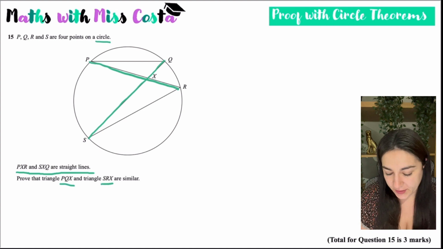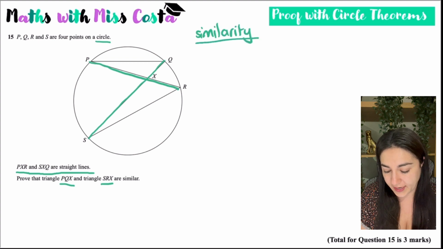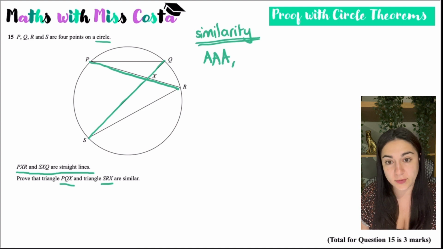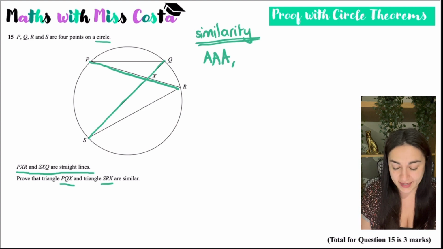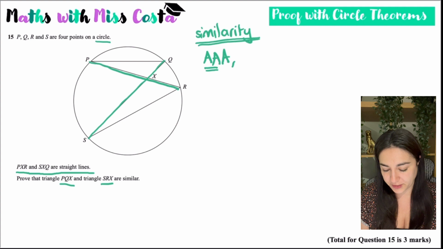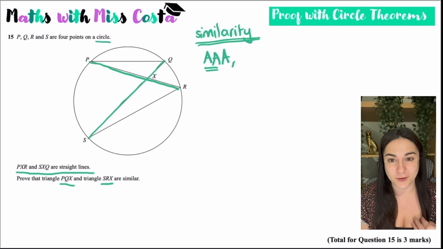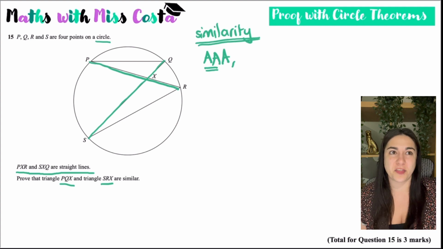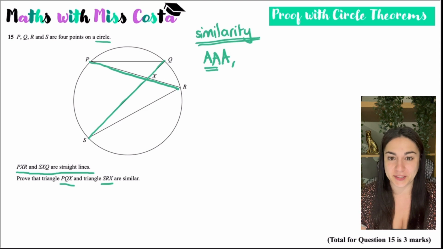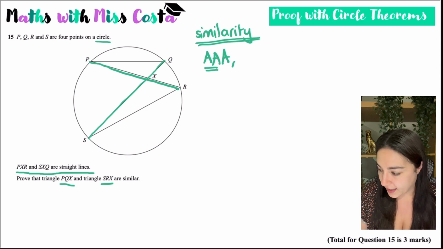Okay, so in order to prove similarity, I have 3 options. The conditions of similarity are that all 3 corresponding angles are equal, and this is generally proved by just proving that 2 angles are equal, because if 2 angles are equal, the third must be equal because angles in a triangle sum to 180.